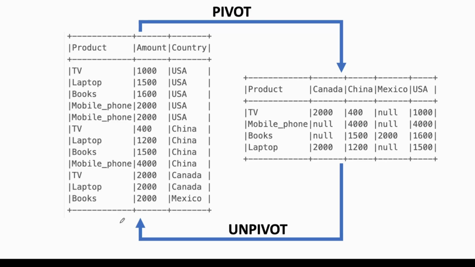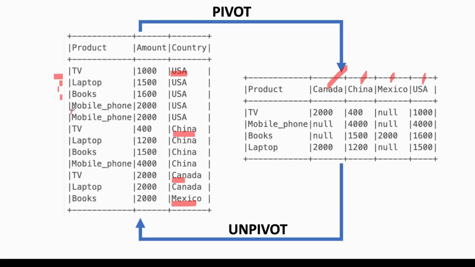So how can we do it? I will put each country, that is USA, China, Canada and Mexico, into separate columns here. Then I have the products: TV, laptops, books, phones, and all these are the products that I want in each row.